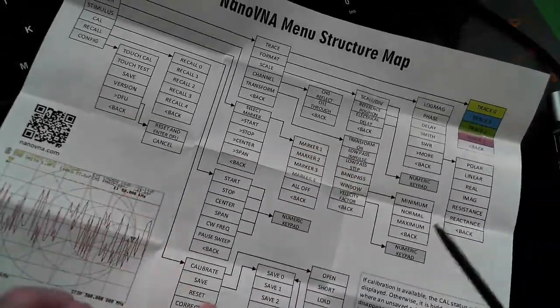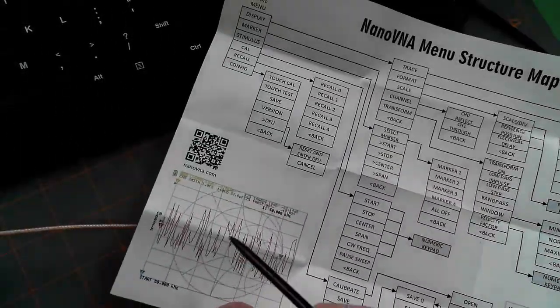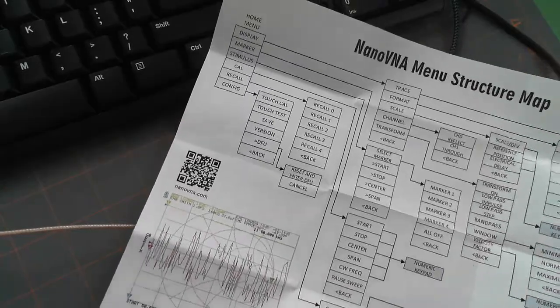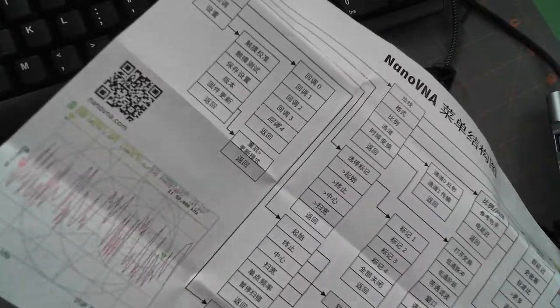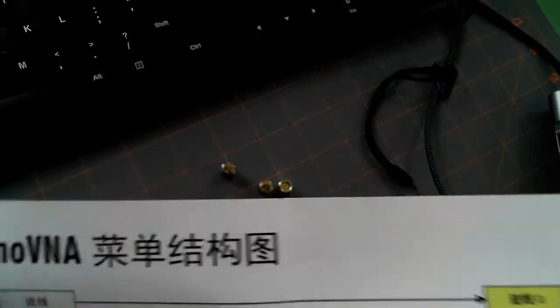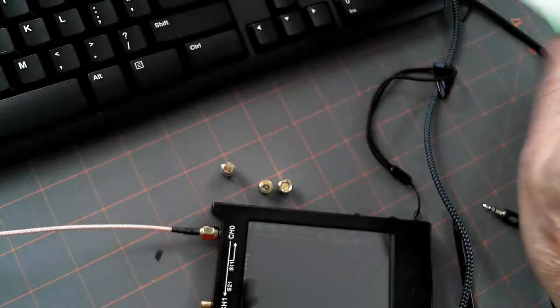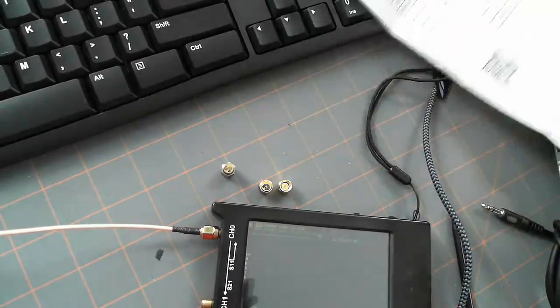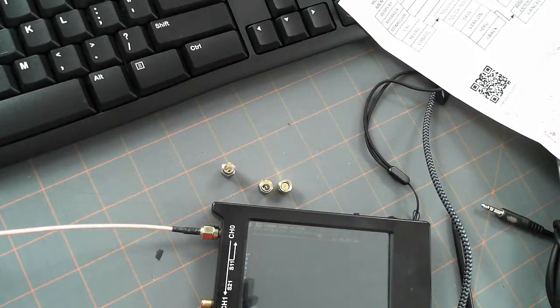So this walks you through it. This is about all the instructions. You get the Smith chart there. They don't tell you much about it. But this, on the back side, that's basically all the instructions you get with it, which is not a lot of help. There are a lot of good videos on YouTube that will help you to use it.